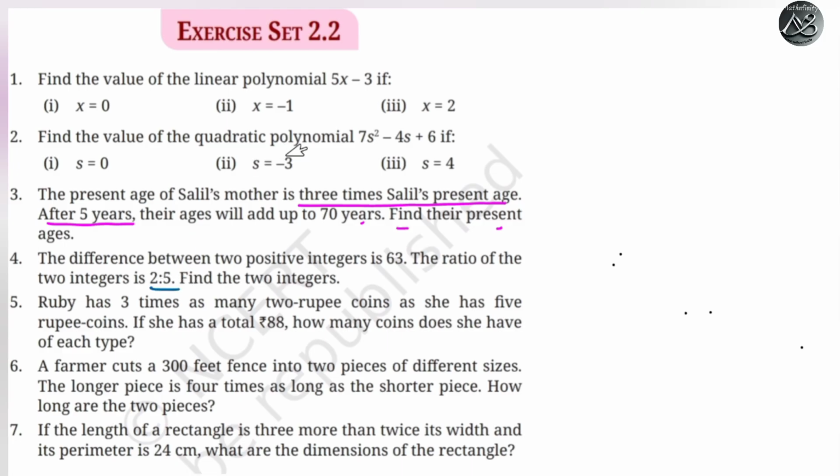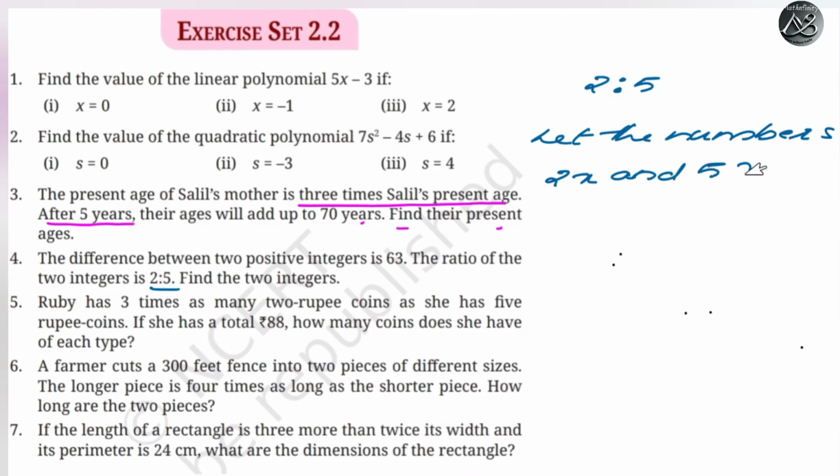So if the ratio is given, we need to take the two integers as 2x and 5x. When a ratio is given, how do we take the numbers? The ratio into a constant. So let the numbers be 2x and 5x.